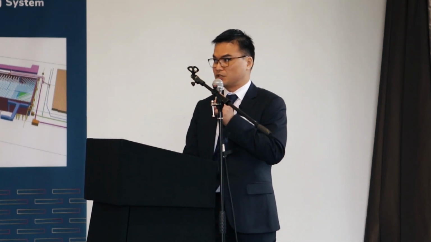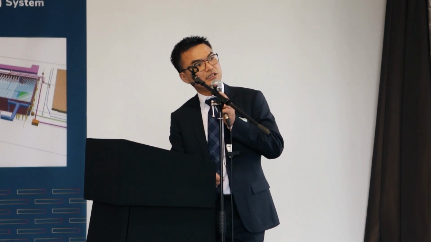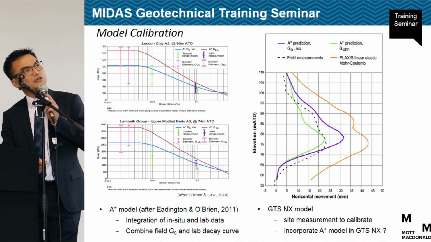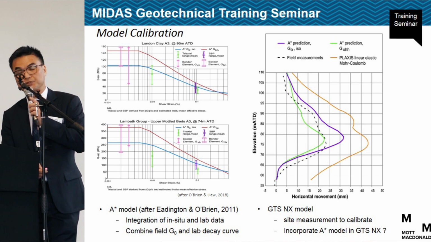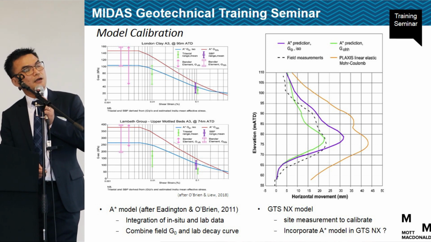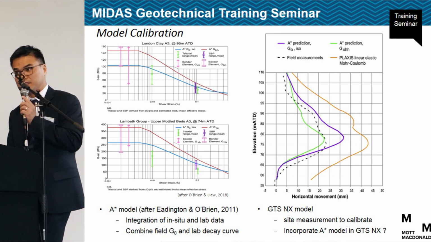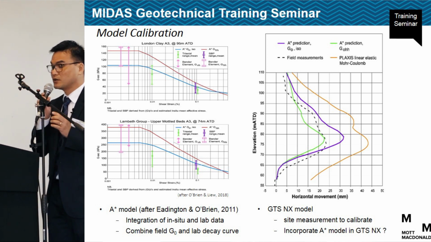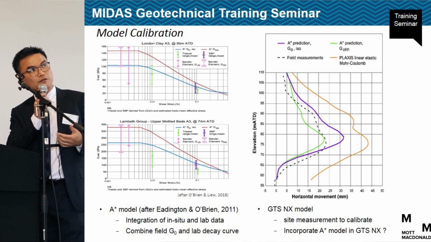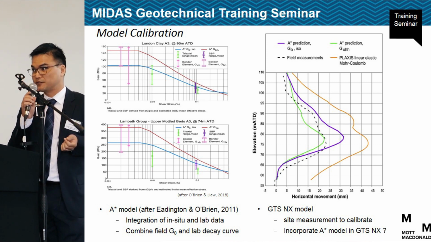Prior to this assessment, the shaft was designed using a ground model we call the A-star model, which was developed by Mott. Basically, this A-star model is a non-linear stiffness conceptual framework, making use of different sources of data.